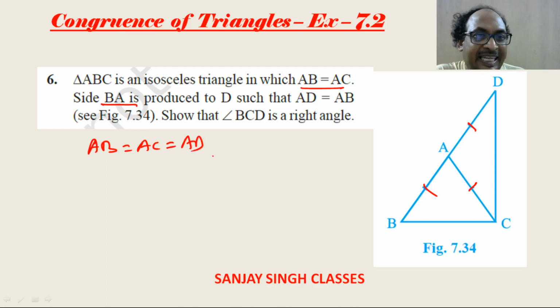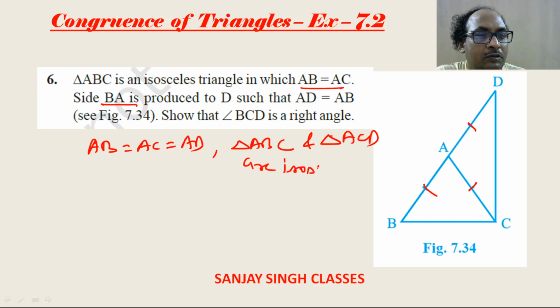So it has been created in such a way that triangle ABC and triangle ACD are isosceles. We need to prove angle BCD is a right angle.